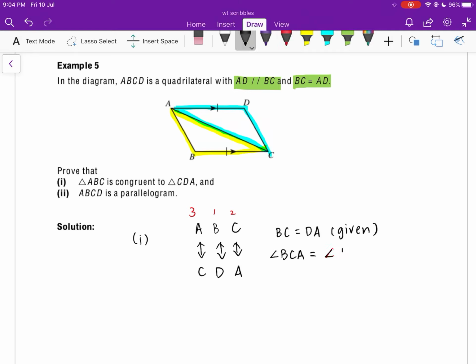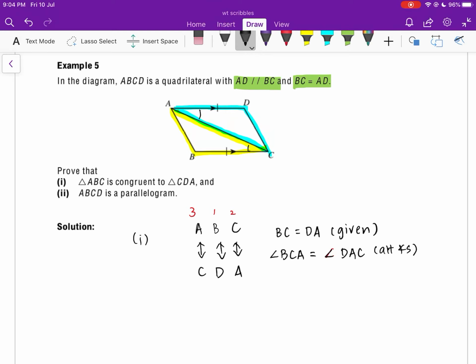It is angle DAC. And what is it? This angle and this angle. What are they? They are actually alternate angles, because of the parallel lines.